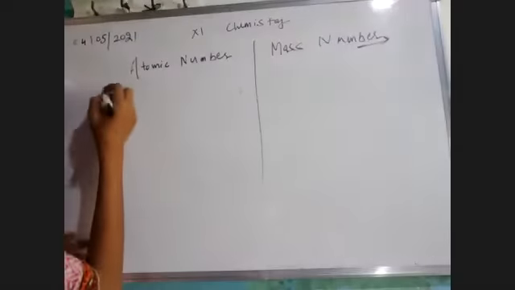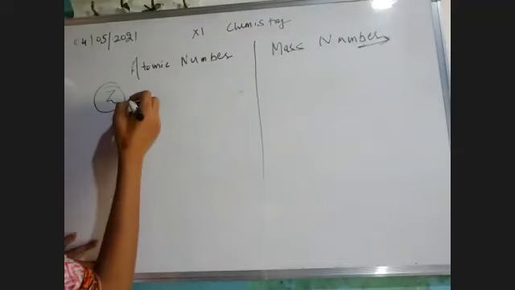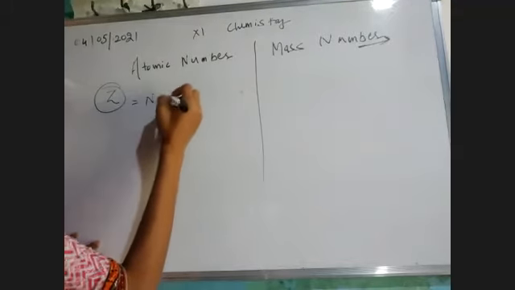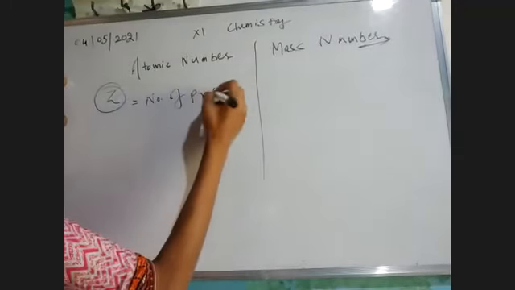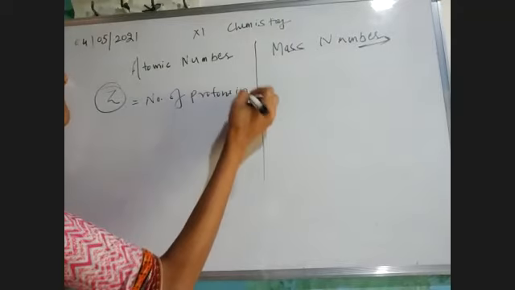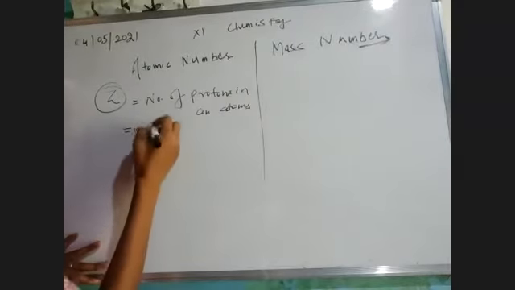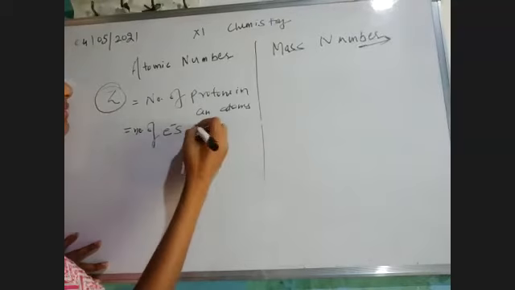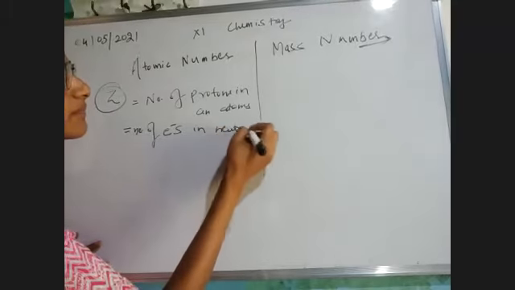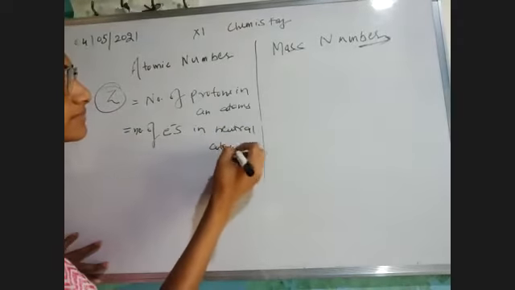So atomic number is denoted as Z, and it equals the number of protons in an atom, and we can say the number of electrons in a neutral atom. All right.